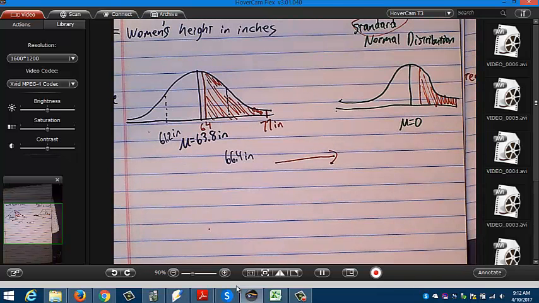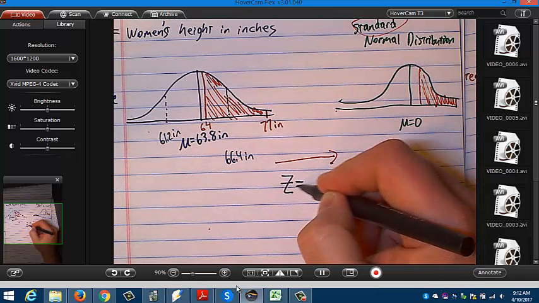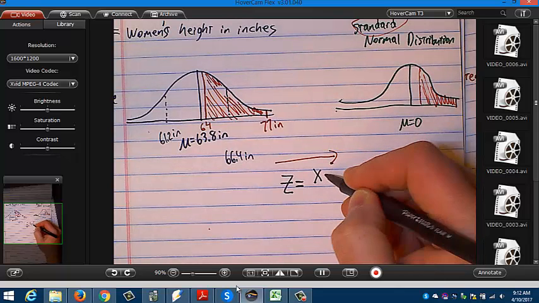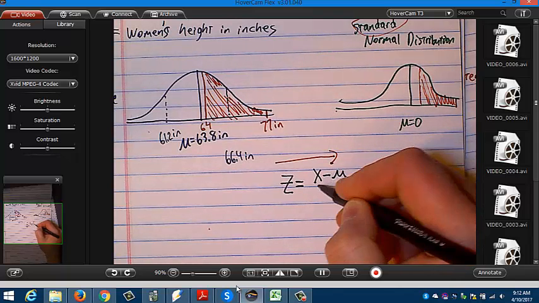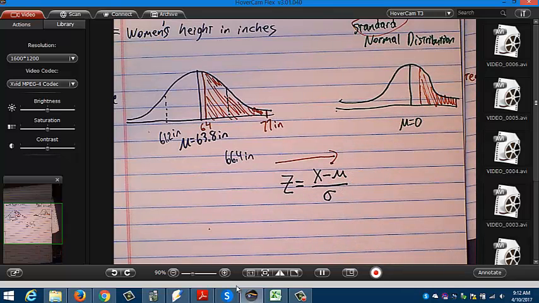And there's a formula I'm going to use. The formula is z equals x minus mu over sigma. Actually, we've seen a formula like that once before, back when we did z-scores in the early parts of chapter 3.